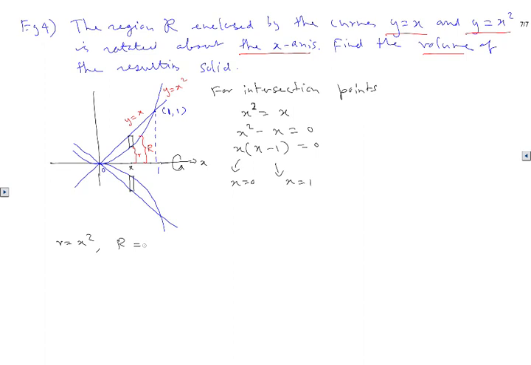So what's the larger radius? That's the y coordinate of the top curve, which is x. Okay, so you find the two radii, the limits going from 0 to 1.